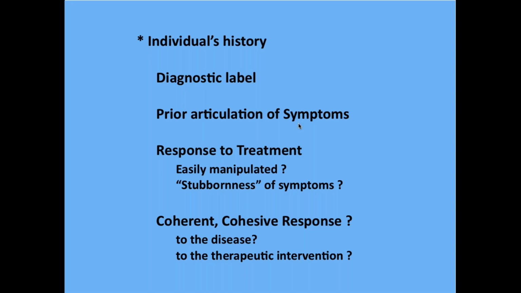And then the question looks at, do they have a coherent, cohesive response to the disease, to the therapeutic intervention, to their environment? How relatively resilient and stable are those individuals? Have they been able to create symptoms appropriately through their lives, or do we have a one-sided case?